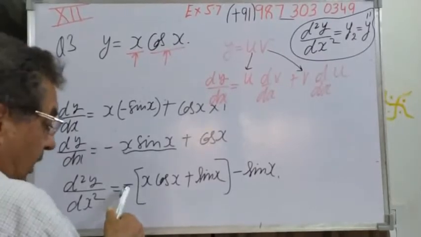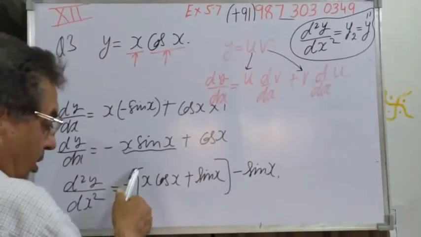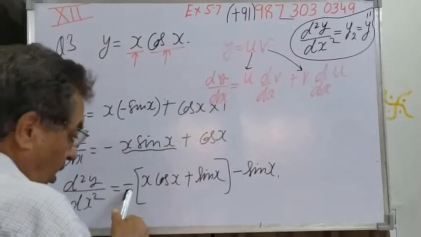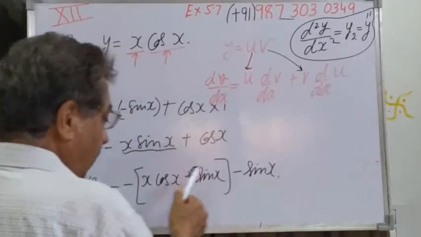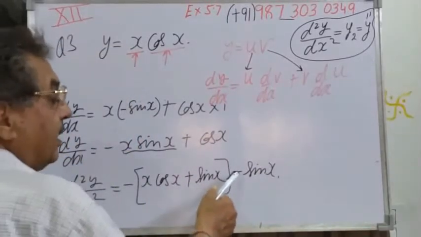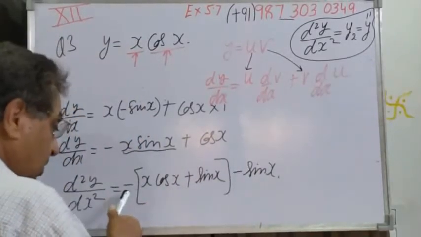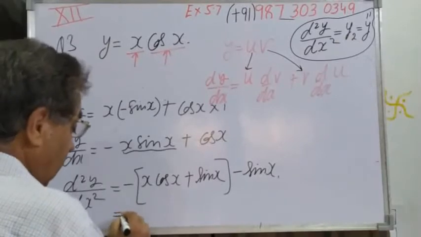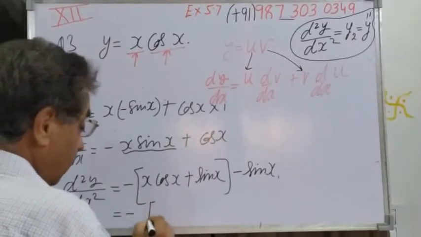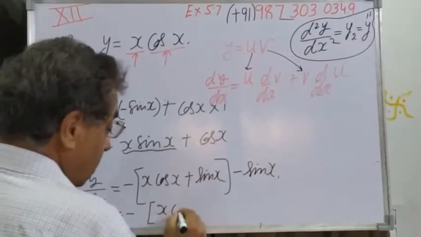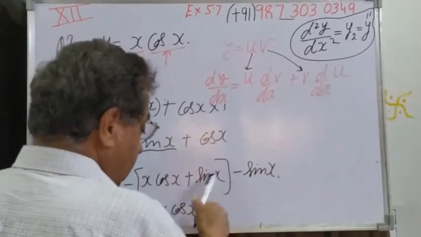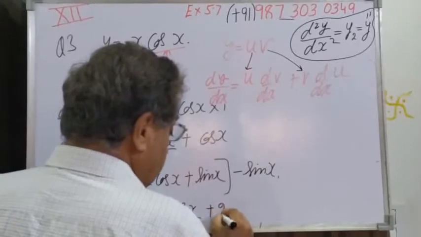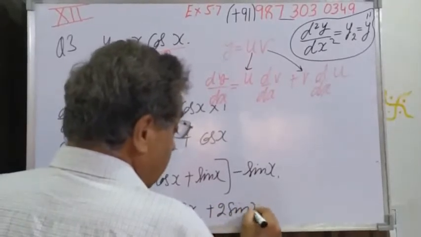Now if I clear the brackets and take the minus common, it becomes minus x cos x, and this will become plus sin x, so we get 2 sin x.